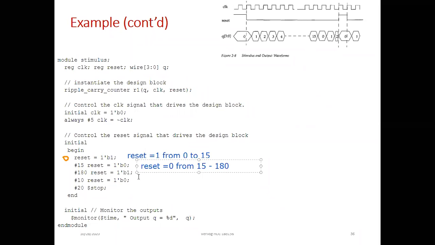This is fine. Next, reset is equal to 1 from 180 plus 15, which is 195 actually. Correct? 195 to plus 10, 200 actually, because after 10 here we are having it. So like this it will go.